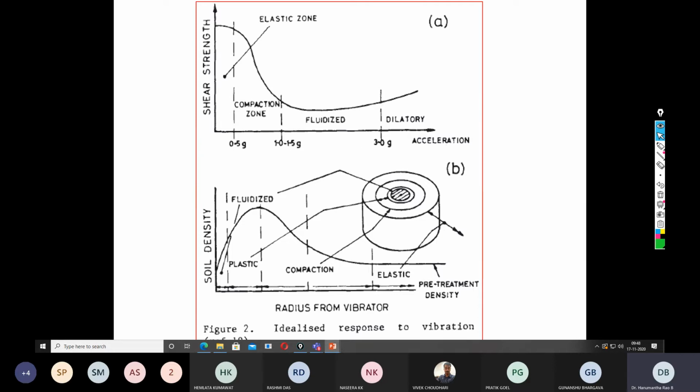When you use the vibration energy, as you can see, right adjacent to the vibro probe, a huge amount of acceleration is developed, which is equivalent to 3 times g. In fact, if you compare this with the g level generated during an earthquake, this g level is much higher. Then in the elastoplastic zone it is 1 to 1.5 g, and in the compaction zone it is 0.5 g. Oh sorry, it's the reverse.